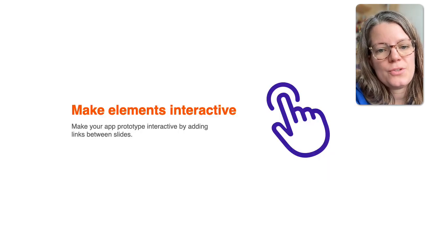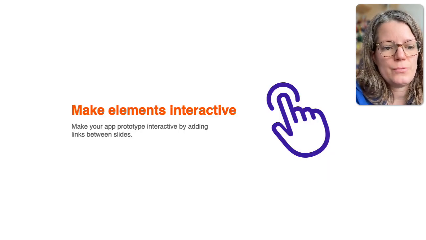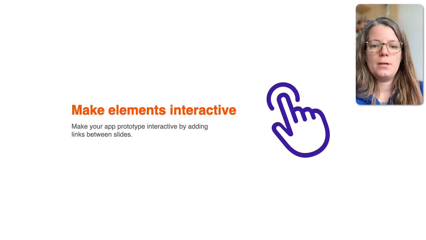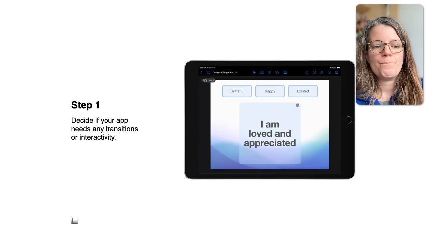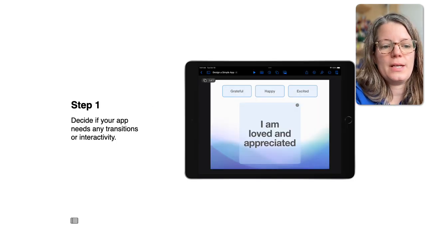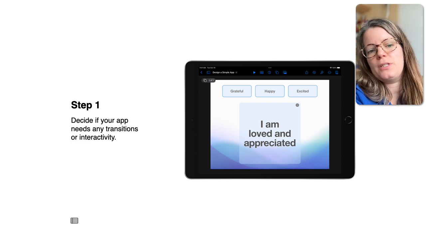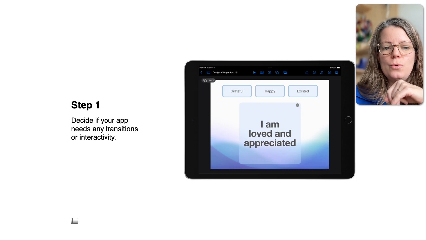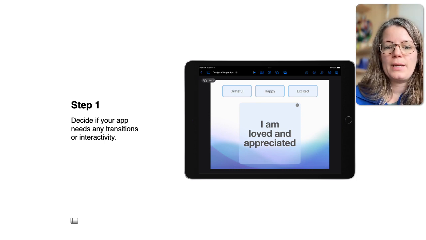The next step is to make your elements interactive. Make your app prototype interactive by adding links between slides. So decide if your app needs any transitions or interactivity. Probably they will, because you want your app to be interactive, right?